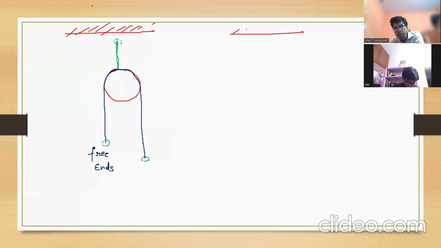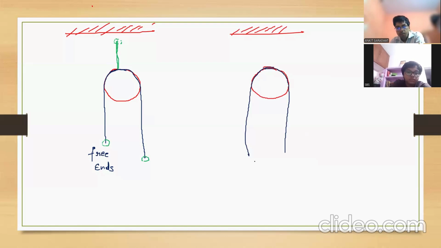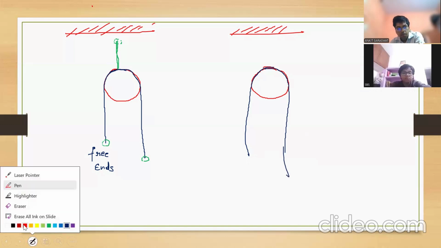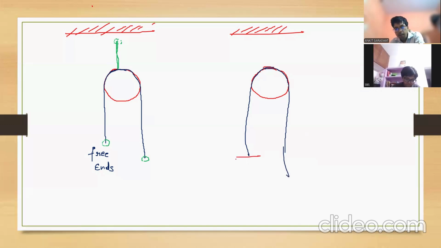Look carefully. This is the pulley. The same string is going to attach two blocks like this. Now attach two blocks. This block has mass, for example, 1 kg. This is 4 kg.